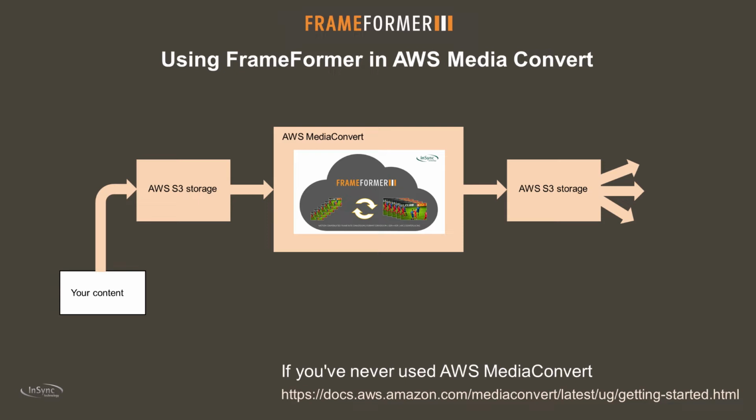You need to make sure that the content you want to convert is available in your AWS S3 storage, and that you've set up the permissions correctly so that AWS MediaConvert can access your input files and can write your output files. Once you have that set up, all you'll need to do is navigate to MediaConvert on the management console, and then within the settings for conversion, you'll choose FrameFormer. But we'll show you that step by step now.